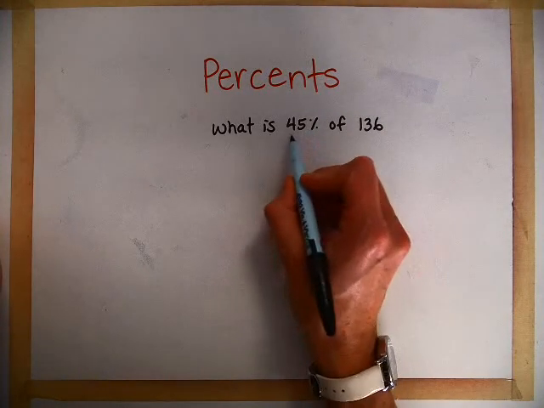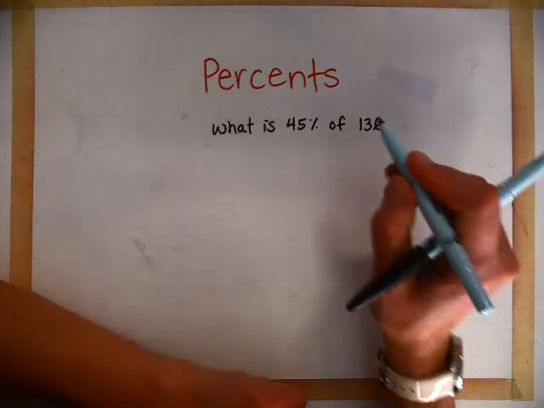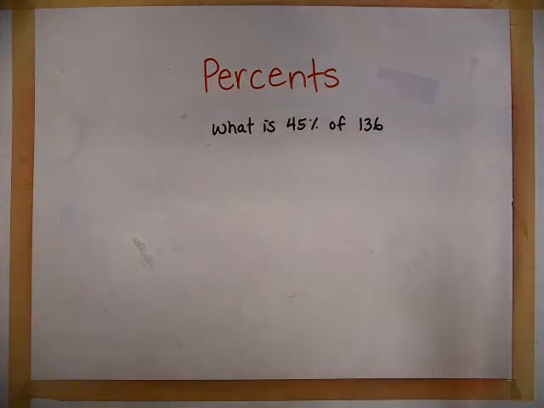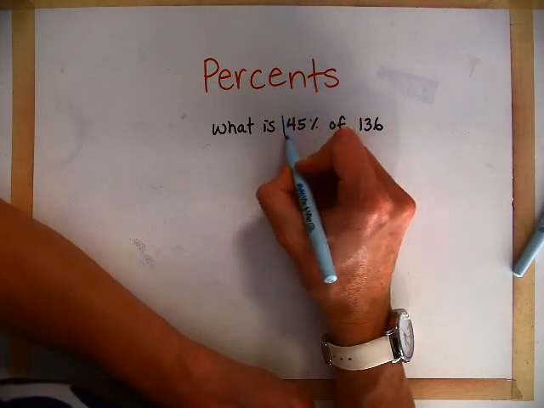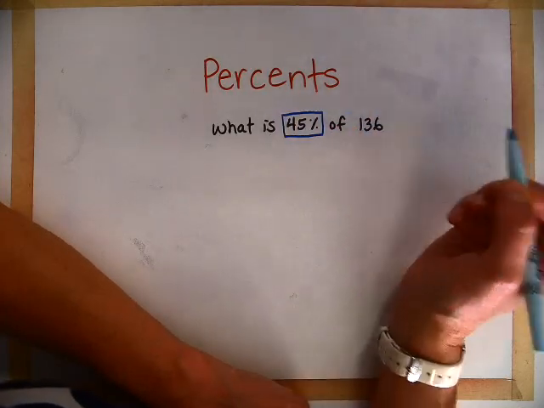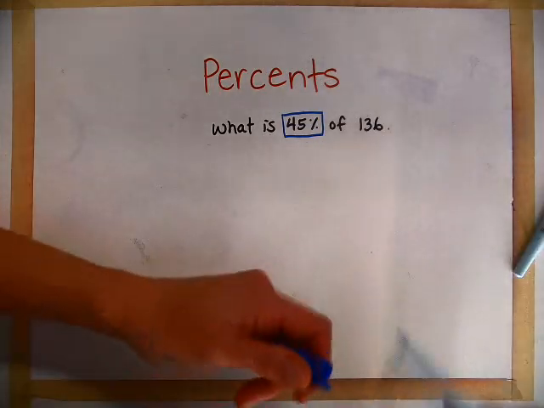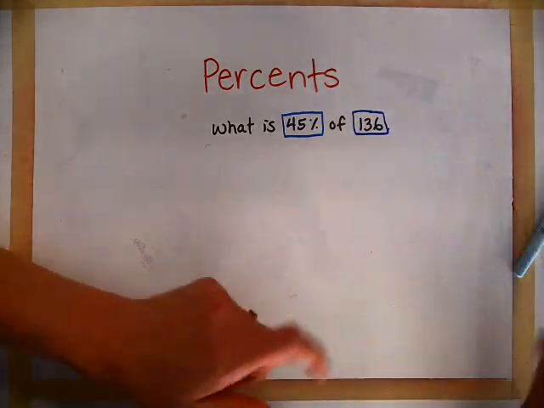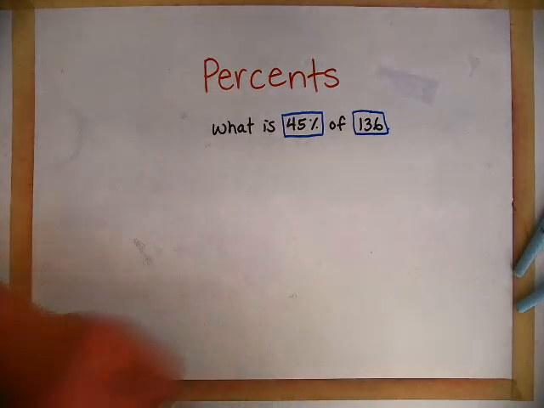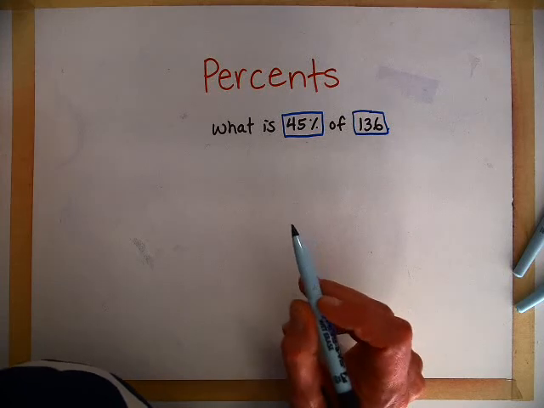So here we have, I want a blue marker, but I don't have one on me. Oh yes I do, I found it! I have 45% and I have 136. So a proportion, if you remember, is two equal ratios.